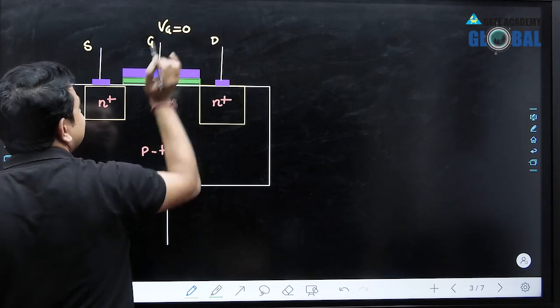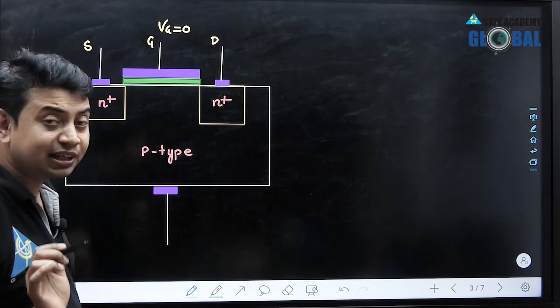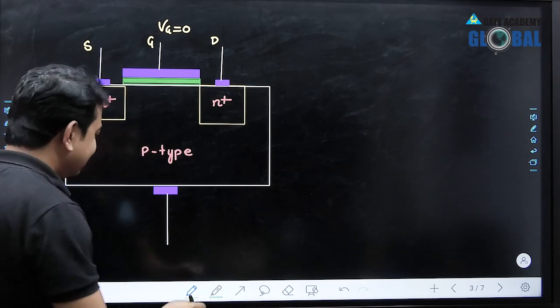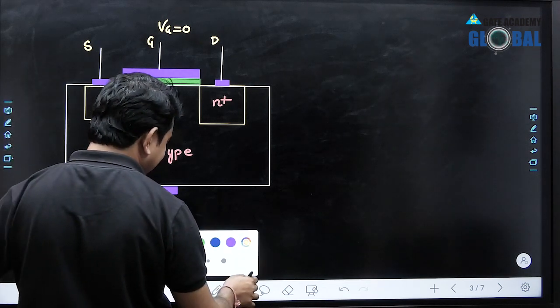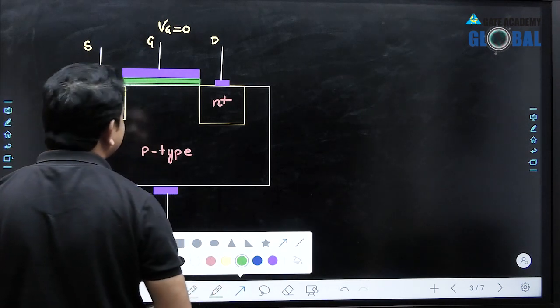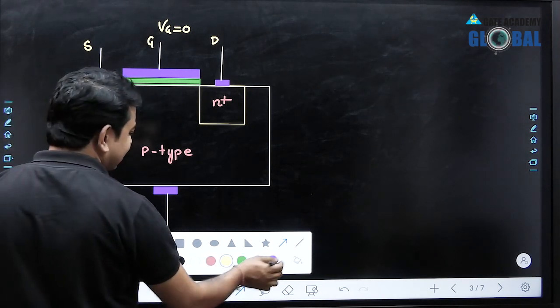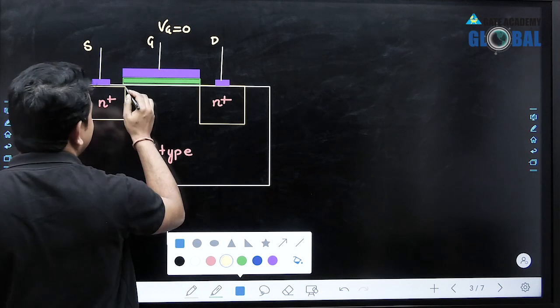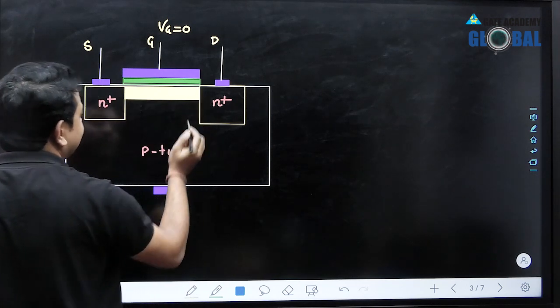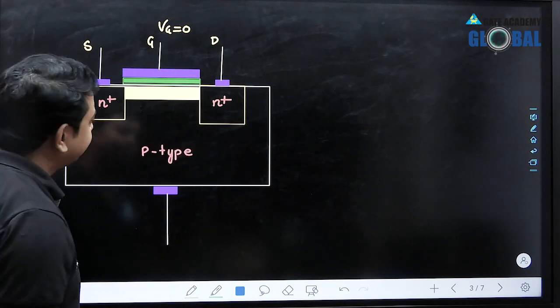The gate voltage must be 0. In that case, if during fabrication we have constructed a conductive path between source and drain like this, this is the conductive path between source and drain.